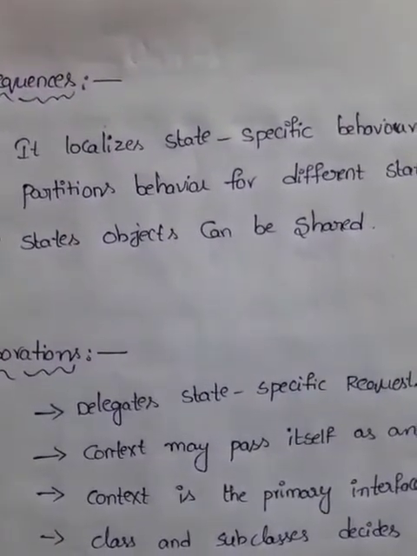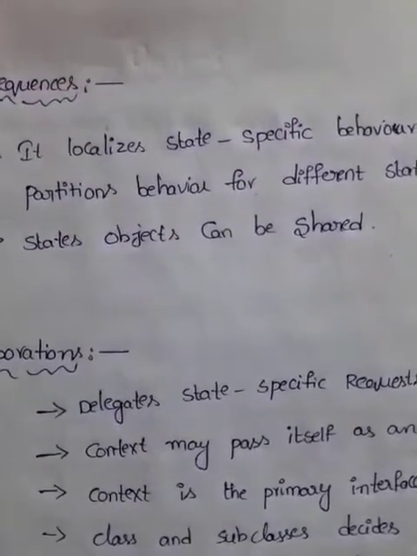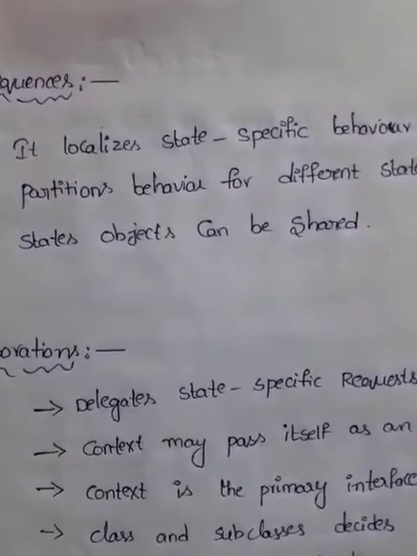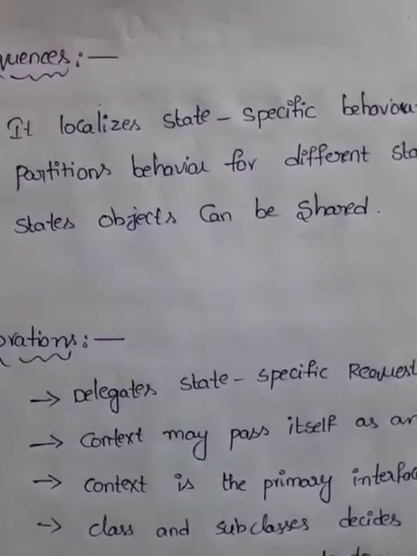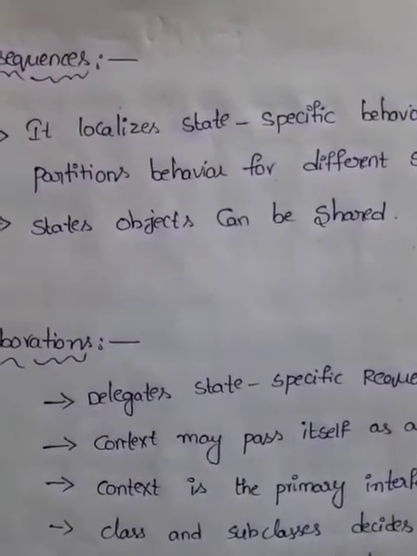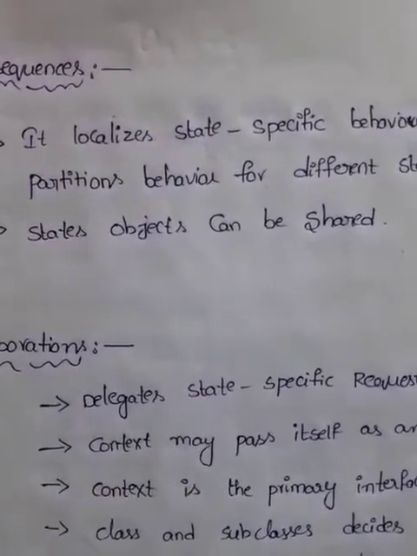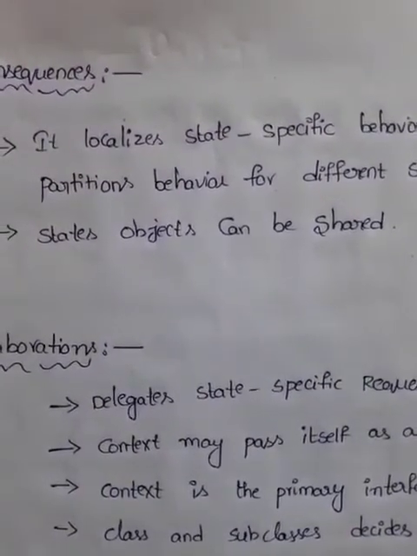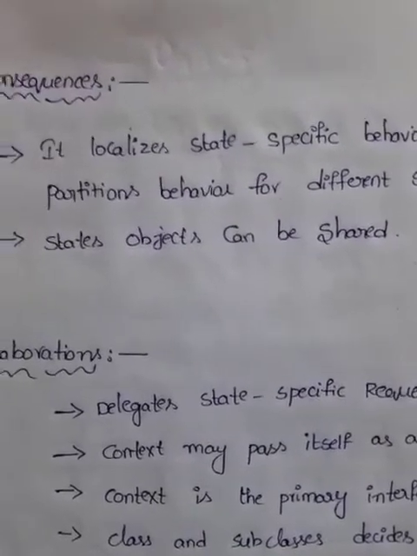That means if state objects have no instance variables, that is, the state they represent is encoded entirely in their type, then contexts can share a state object. When states are shared in this way, they are essentially flyweights with no intrinsic state, only behavior.